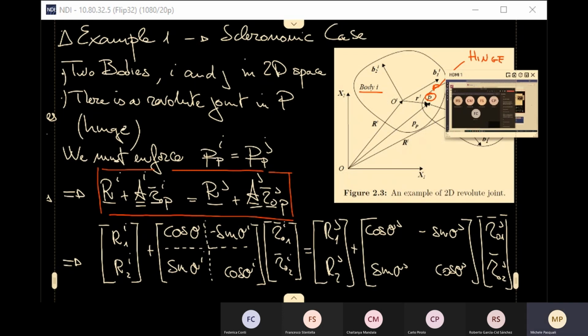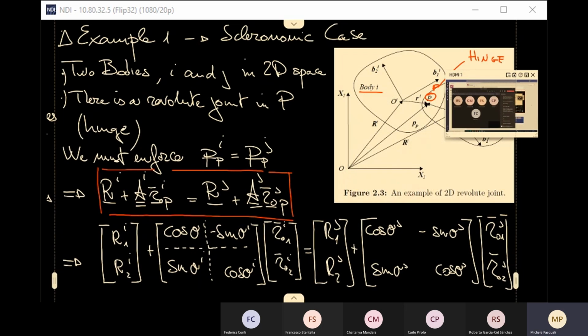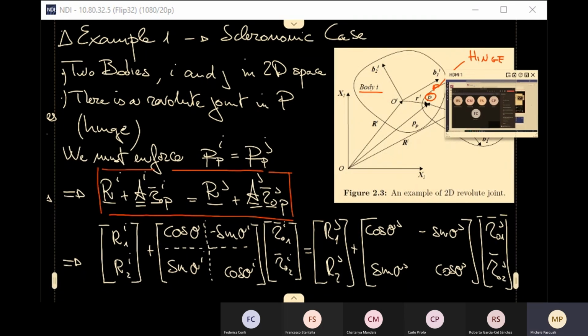As you can see, in this case, there is no explicit appearance of time, right? So these are two equations, yeah? And there is no explicit appearance of time, so that's why we call this a holonomic scleronomic constraint. Why holonomic? Because it has the form that we had before.